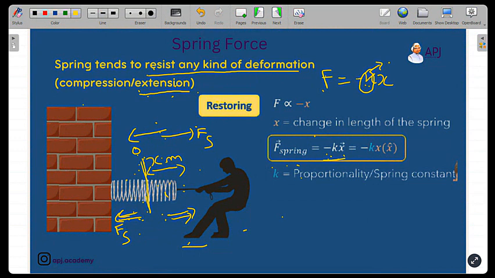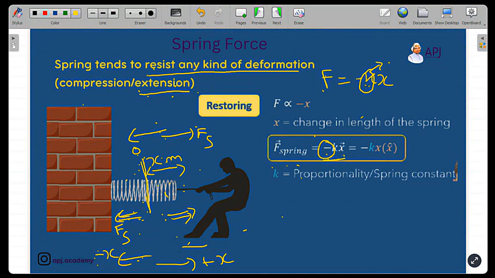If you have applied the force towards the positive x-axis, the spring force will act towards the negative x-axis. ठीक है, ये माइनस क्या दिखाता है फॉर्मूला में? कि जिस तरफ आपने फोर्स लगाया उसके उल्टी तरफ स्प्रिंग फोर्स लगेगा. अगर आप बाहर को खींचोगे तो स्प्रिंग फोर्स अंदर की तरफ लगेगा. अगर आप अंदर की तरफ स्प्रिंग को दबाओगे तो स्प्रिंग फोर्स बाहर की तरफ लगेगा. The direction of the spring force is opposite to the direction of the applied external force.